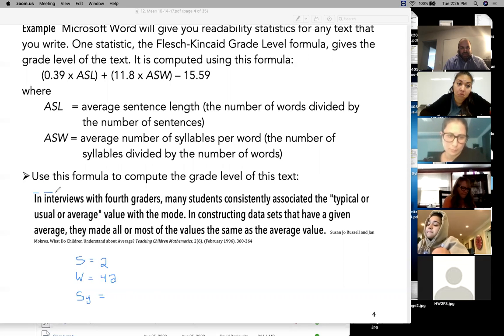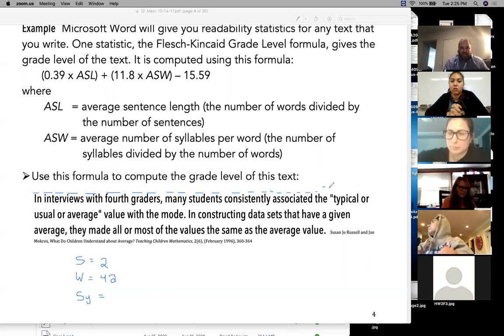In-ter-views with fourth graders, many students consistently associated the typical or usual or average value with the mode in constructing data sets that have a given average.